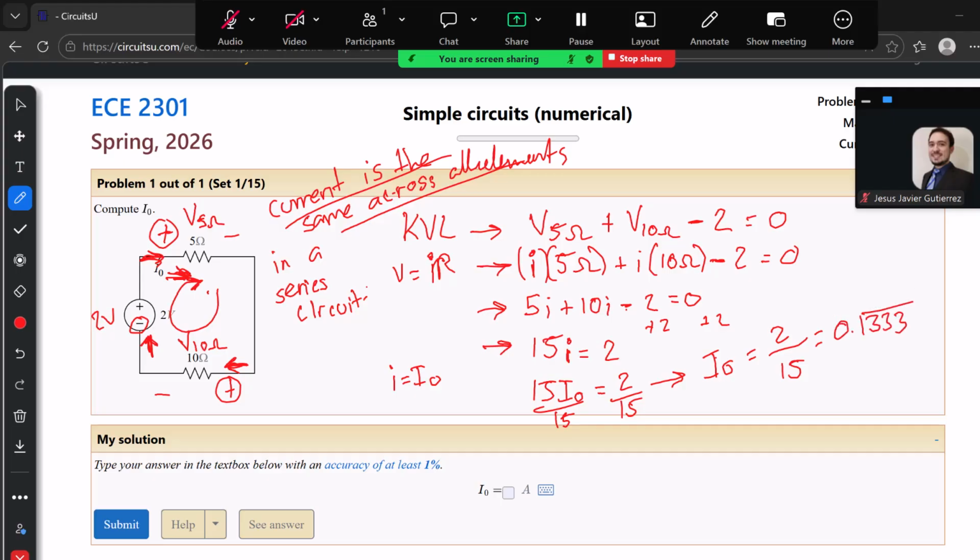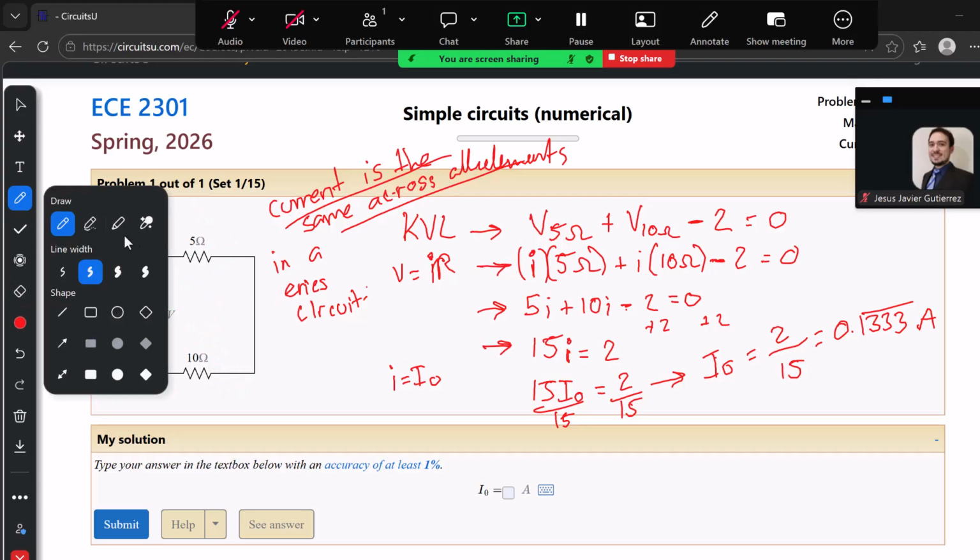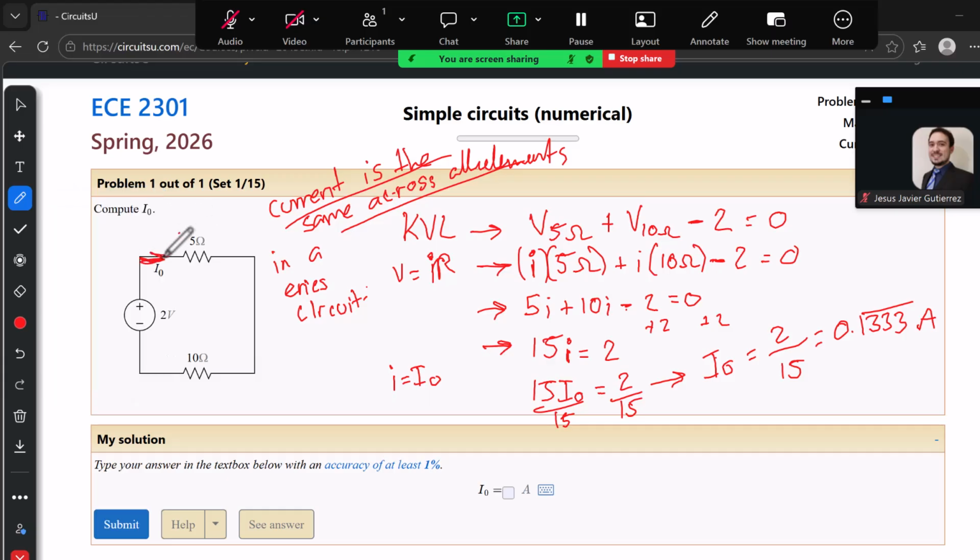Which gives us 0.1333 repeating amps. Now we have to know the direction of I naught, because it is also important. The current I naught flows to the right, so it flows clockwise, which is the same convention that we used for the passive sign. So I naught goes in the same direction as in our passive sign convention, and we don't need to change the sign of the final answer.